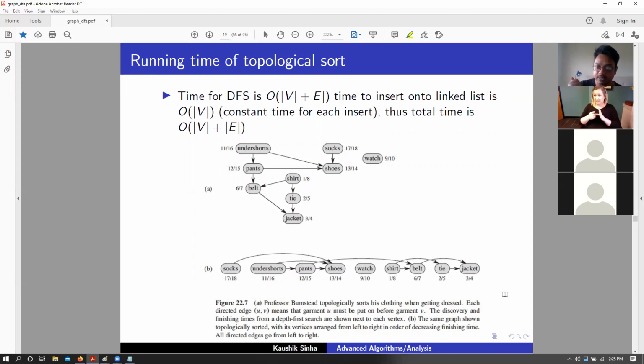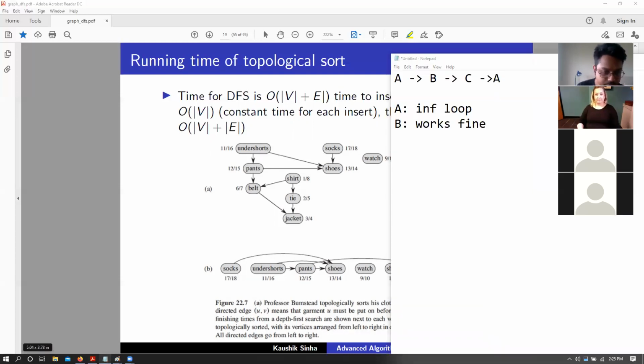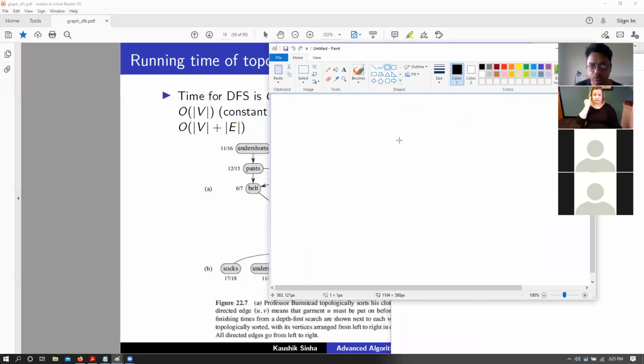When can we not get a cycle? Whenever we are trying to explore, if we come across a particular vertex that has already been explored, right? If a particular vertex is completely explored, let me give you an example of that. Let's say I have 3 nodes, 1, 2, and 0.